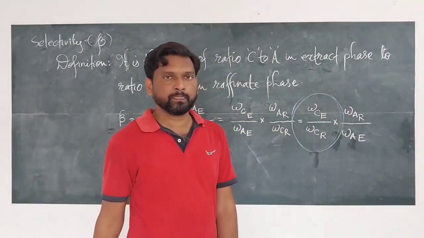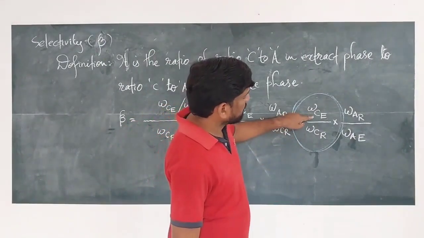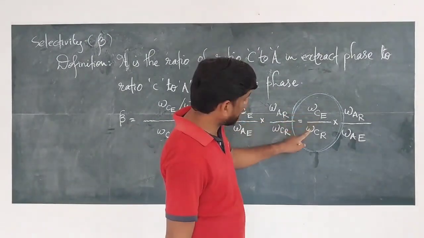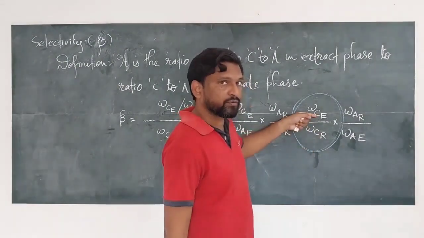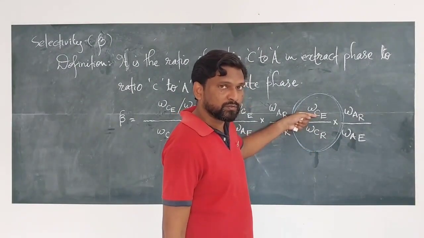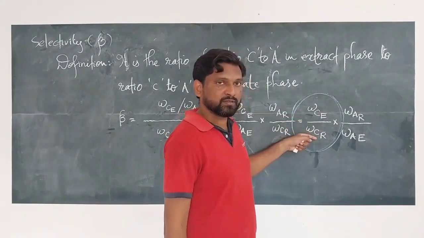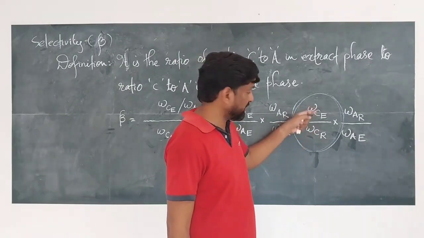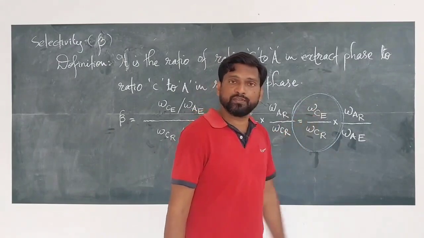What is this part? This part is the weight fraction of component C in the extract phase and the weight fraction of component C in the raffinate phase. So this is the extract phase concentration of component C, and this is the raffinate phase composition of component C. So it is a ratio of component C concentration in the extract phase to the raffinate phase.